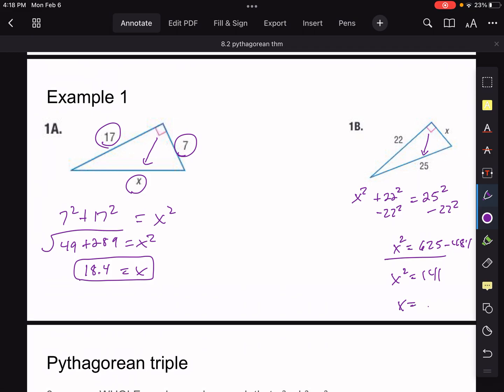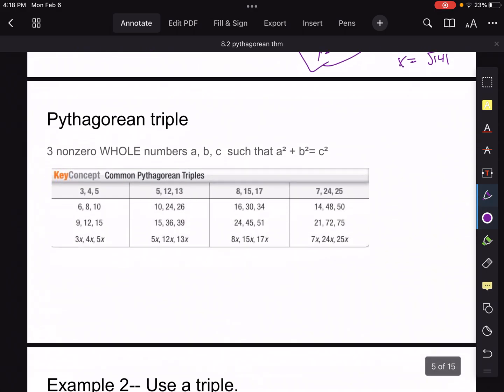So x is equal to the square root of 141, whatever that is. So if I took 141 in my calculator, take the square root, I get 11.87, so I'll call it 11.9. And again, I don't know if they're going to have you keep it in radical form or decimal form. I'm okay with either one.